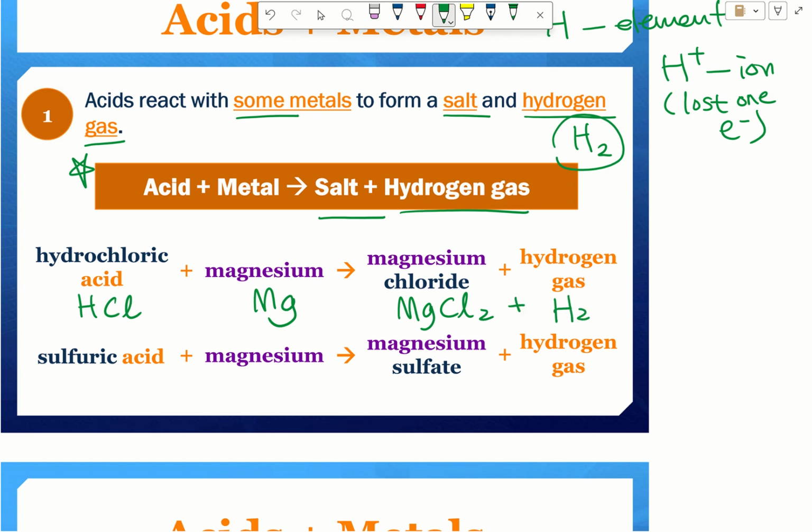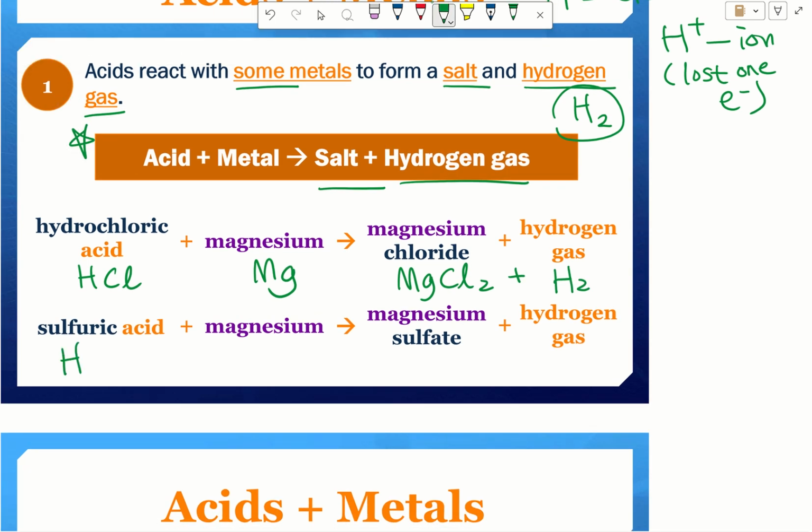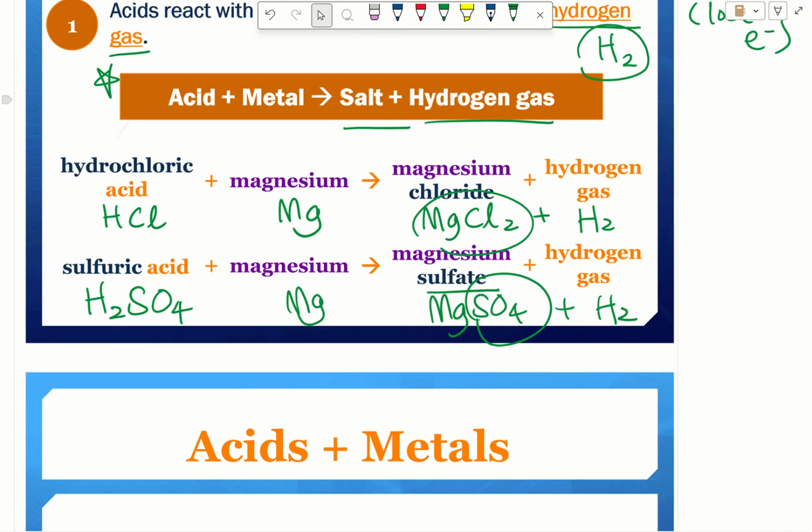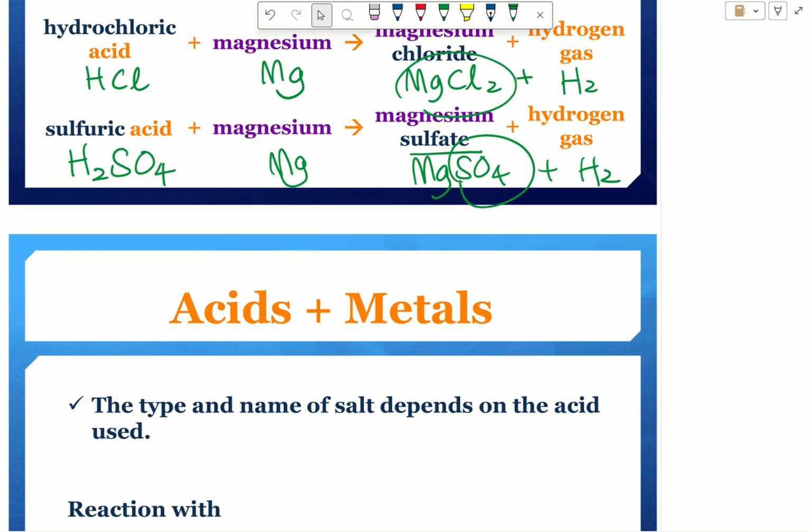Then we also have sulfuric acid, which is H2SO4, something that we need to memorize. It can also react with magnesium, and it will be magnesium sulfate plus hydrogen gas. How is this salt formed? If we have time, I will go through it, but we continue first.